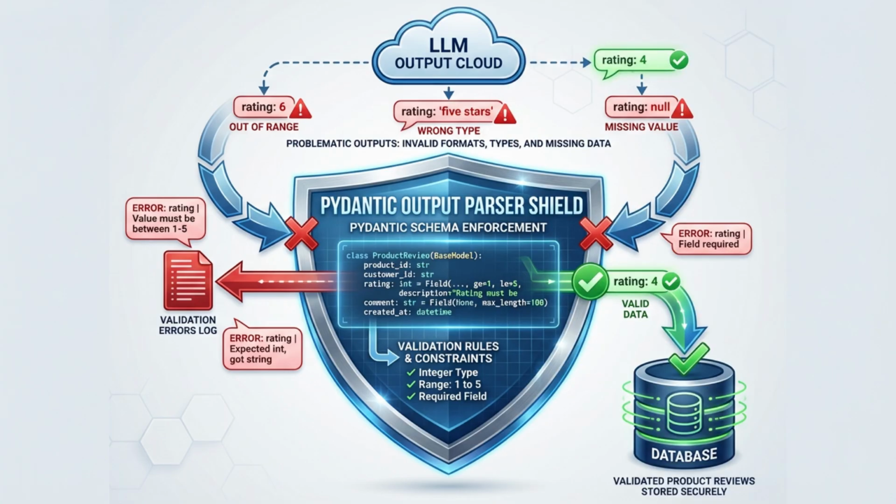Let's talk about something I call data hallucinations. Not the factual kind everyone worries about, but structural ones. When your LLM returns something that looks reasonable, but violates your schema in subtle, dangerous ways. Look at the top.